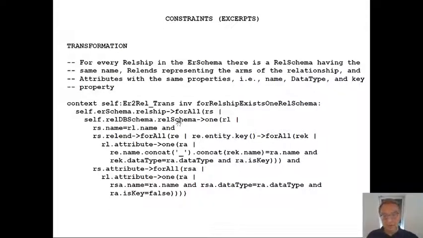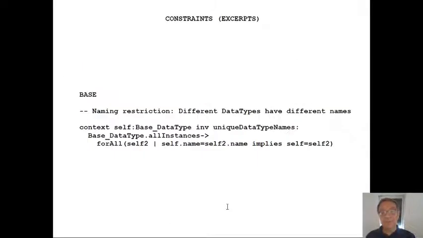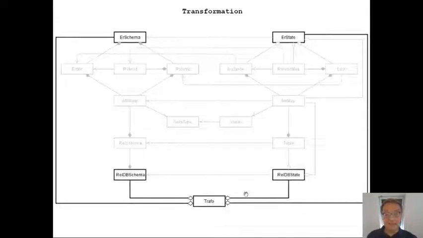Okay, so this is a part for the key attributes, and this is a part for the ordinary attributes of the relationships. It's not completely trivial, but I hope that the general idea of this constraint becomes clear. So what is done with this constraint is exactly this: this constraint specifies the transformation from the ER schema into the relational database schema.